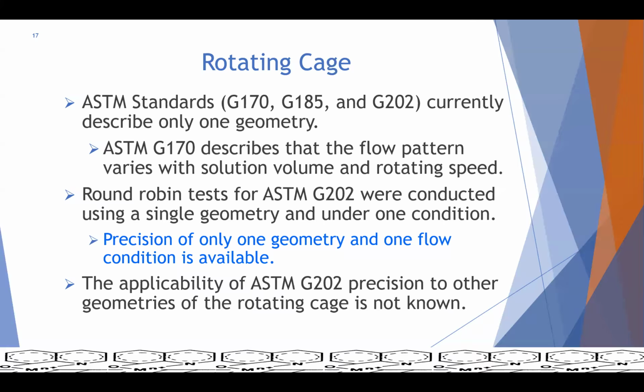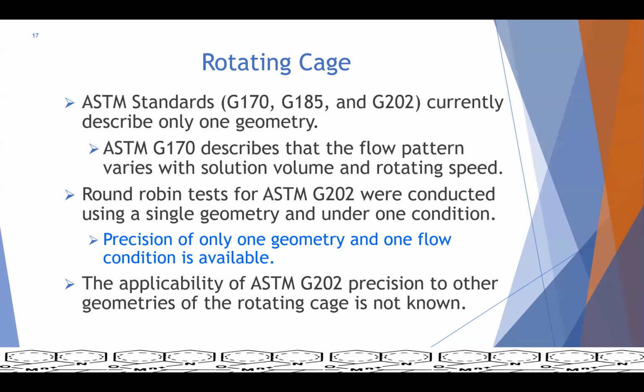That precision statement was developed based on one geometry under one test condition. So when we say precision of rotating cage, we are talking about ASTM one geometry under one flow condition. The applicability of the precision of ASTM G202 to other geometries is not known.